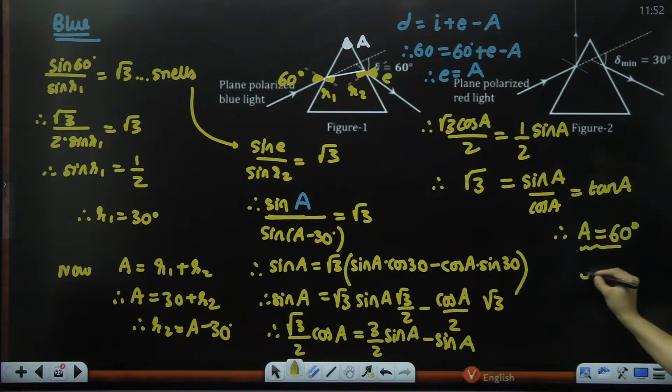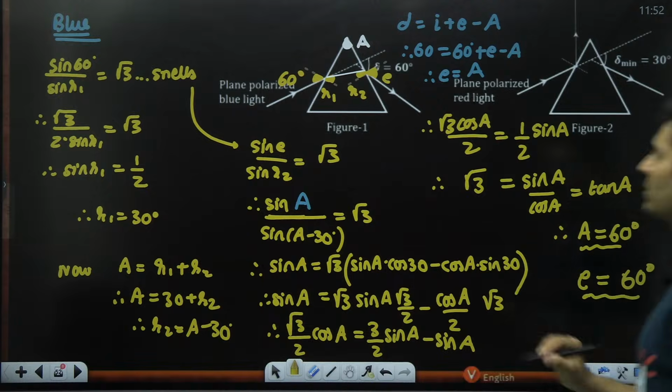So A is 60 degree. So emergent angle is also 60 degree.